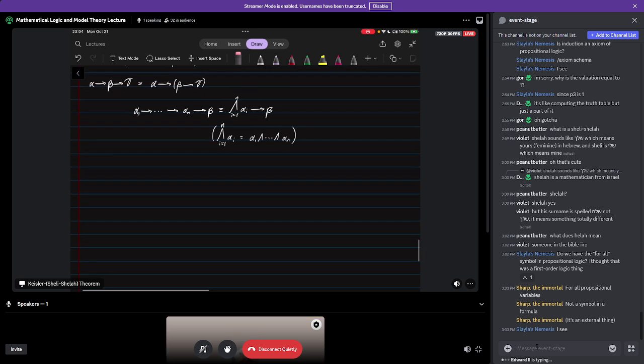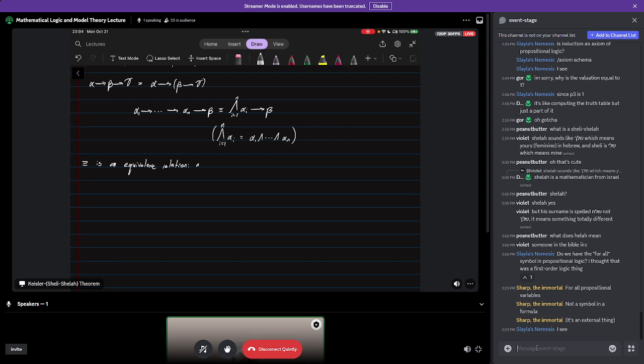Something to note is that equivalence is an equivalence relation. Remember, an equivalence relation is something that's reflexive, symmetric, and transitive. But this should not be surprising because its name is equivalence.